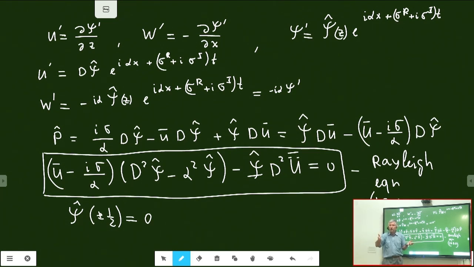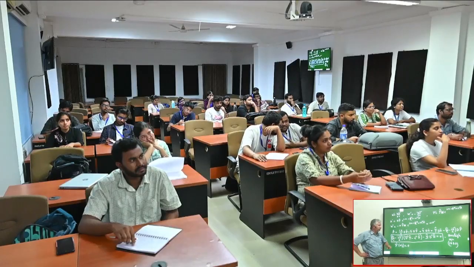So we have some sort of linear segments joined together. If the base flow consists of linear profiles, what will happen to this equation straight away? Can you see what happens?